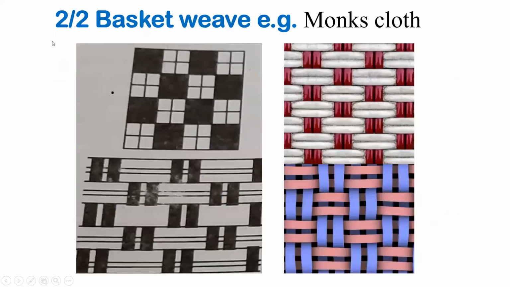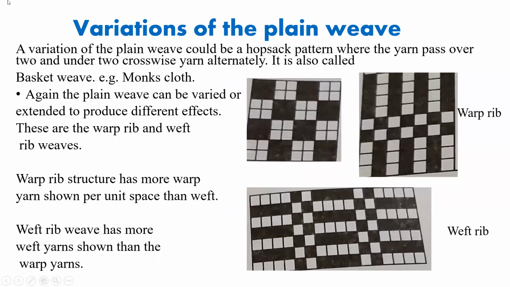A variation of the plain weave would be the hopsack pattern, where the yarn passes over two and under two crosswise yarns alternately. It is also called basket weave. An example is monk's cloth. When you use it to produce a fabric, you have a monk's cloth. So this is 2/2, 2/2, 2/2. You can see it here.